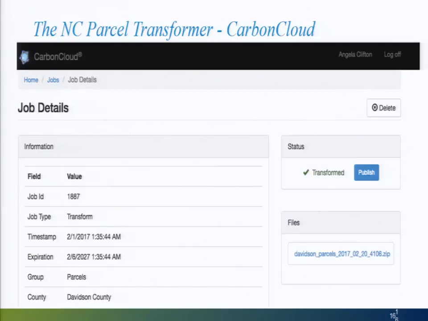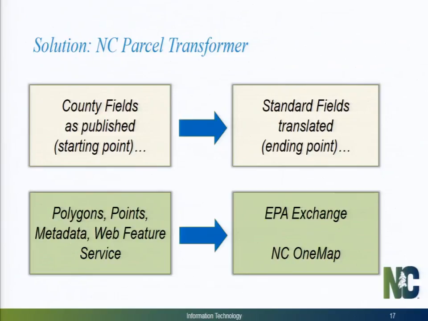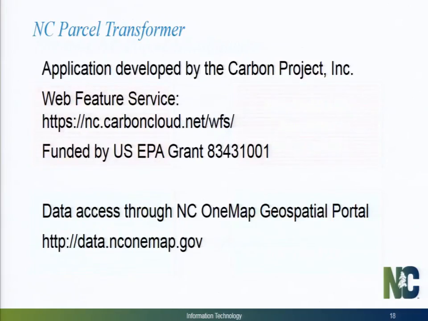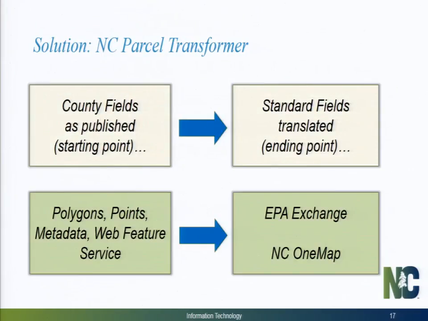For the EPA, which helped fund this project originally, there is a web feature service coming out of the Carbon Cloud that goes to the EPA Exchange Network. In addition, these polygons, and there's a point file that's generated as a point within each polygon, usually the center point, but if it's an odd shape, it's somewhere within the polygon.